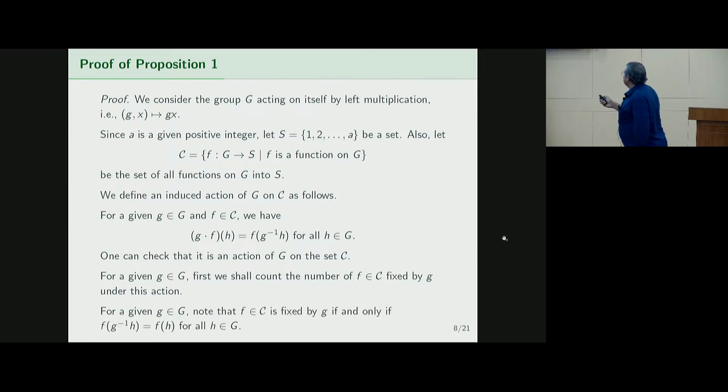What we have to check is the number of f such that g dot f equals f. That means for any given h in G, f(g inverse h) equals f(h). This is what a fixed point of g means in this action.